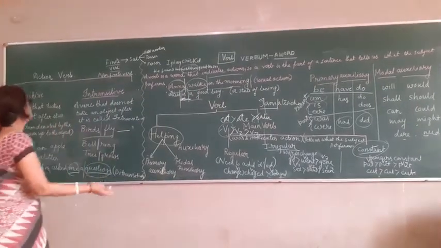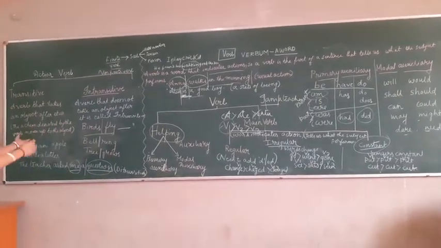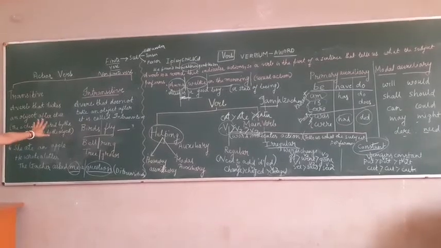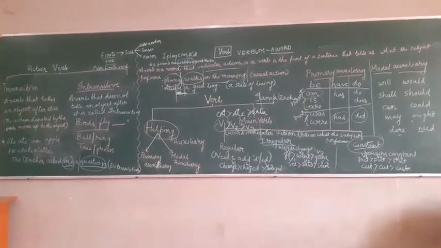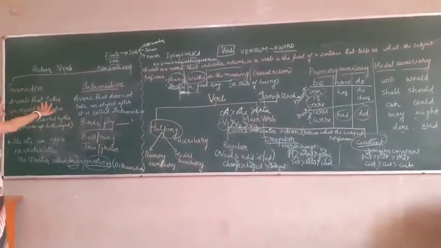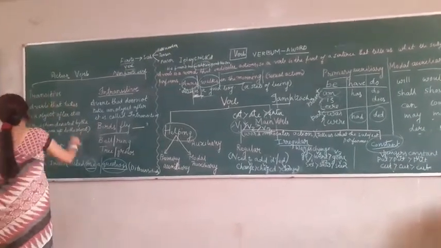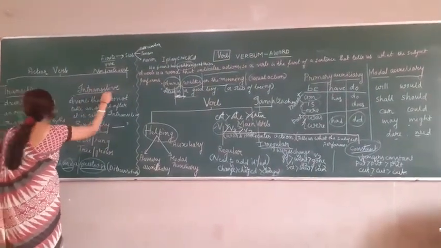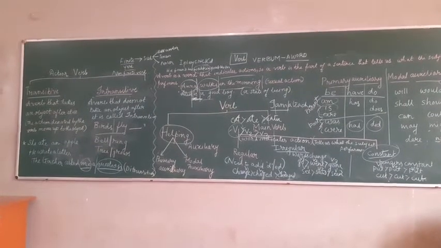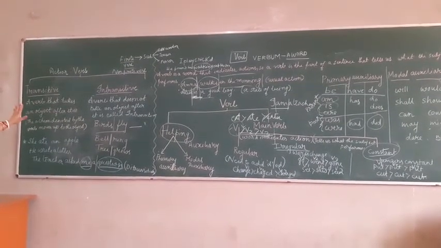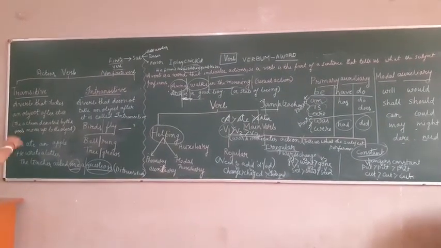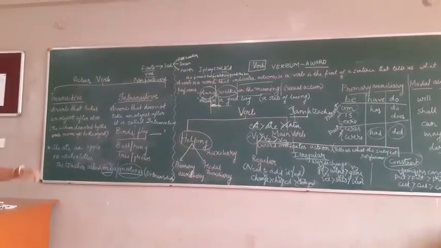Now I'm moving to another part. Then action verbs can be further classified into two, that is transitive and intransitive verb, right? Transitive verb and intransitive verb. Now what is transitive verb and what is intransitive verb?